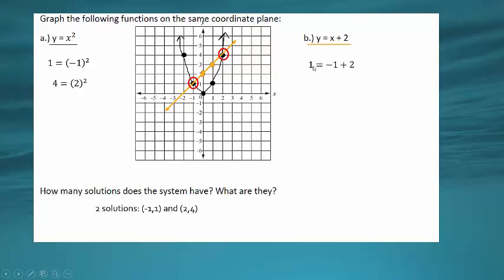So if you put in 1 and -1 for x and y, you will get 1 equals 1, that's true. And if you put in 4 and 2, you also get a true statement. So that's how you algebraically justify that these are both solutions to these equations. It's quicker though if you think of it from a graphical standpoint, those are where the two graphs intersect.